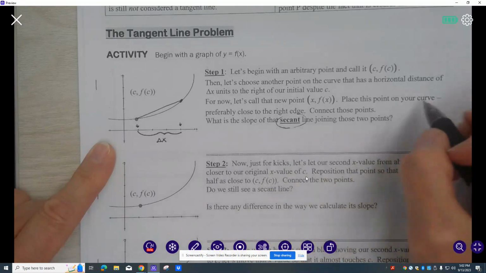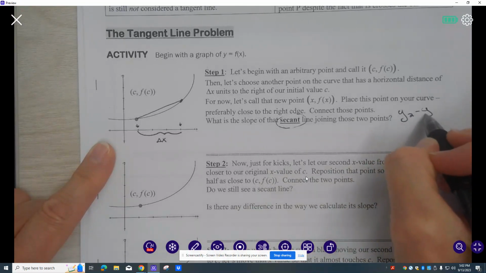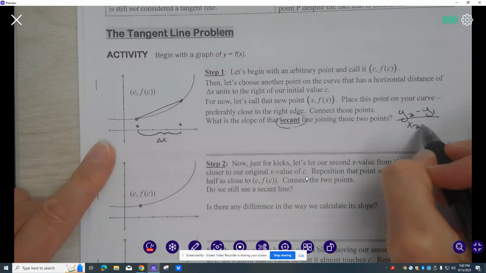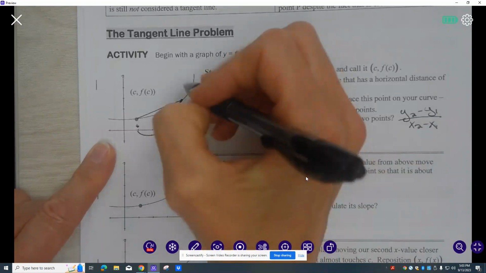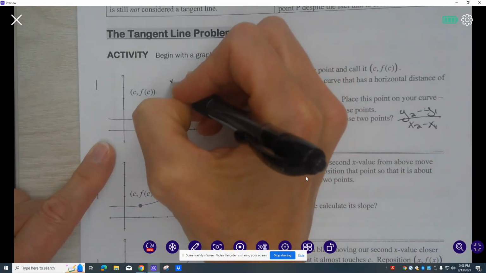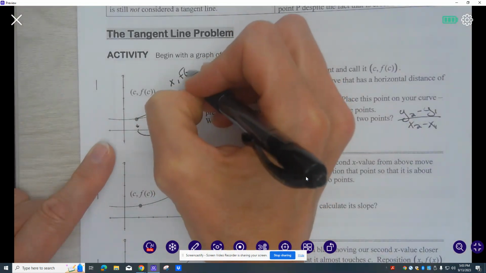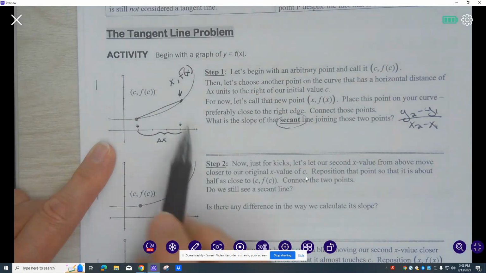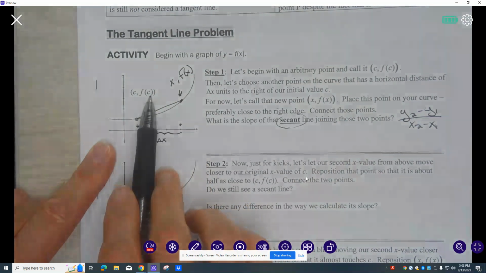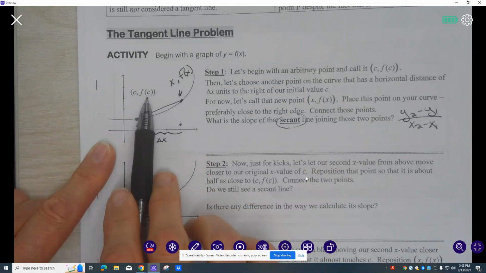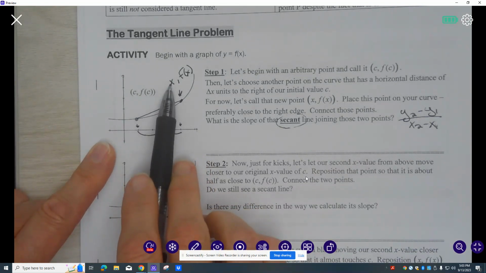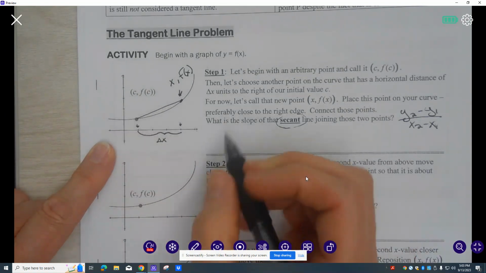So, remember slope is y2 minus y1 over x2 minus x1. This point right here, I'm going to call x, comma, f of x. So my y2 minus y1 will be f of x minus f of c over x minus c.